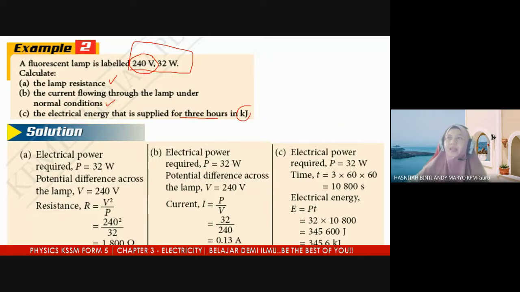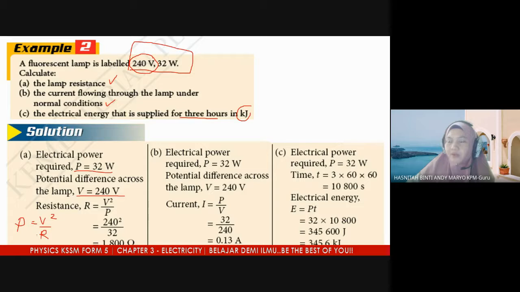How to find the resistance of the lamp? Students, you write back all the given information. 32 watt, this is the power. Potential difference across the lamp is 240 volt, equal to the supply voltage. They ask you for resistance, so we can use the third equation, where P equal V squared divide R. This is the formula.